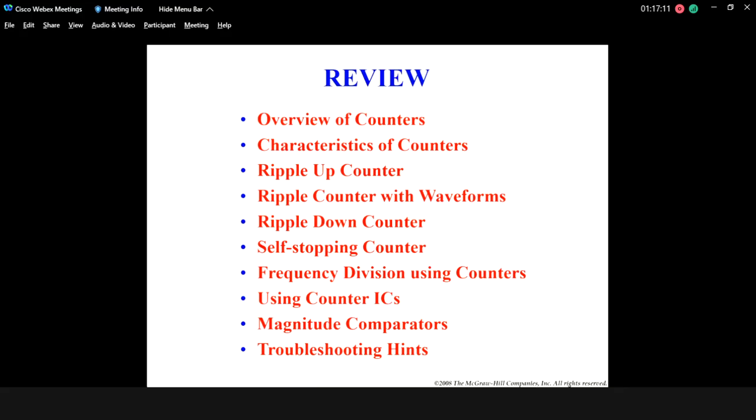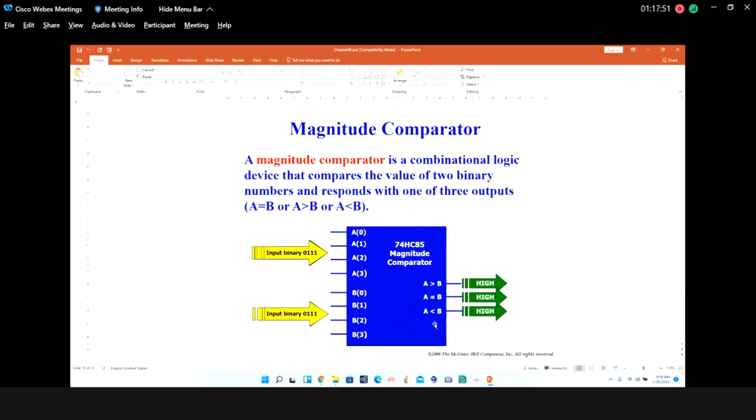For the counter, what we learned: we have a ripple up counter, a ripple counter with waveform, how to connect for the ripple down counter, how to connect for the self-stopping counter, how we can utilize a counter as a frequency division, an example of the 7493 counter IC, and what is the function of the magnitude comparator.